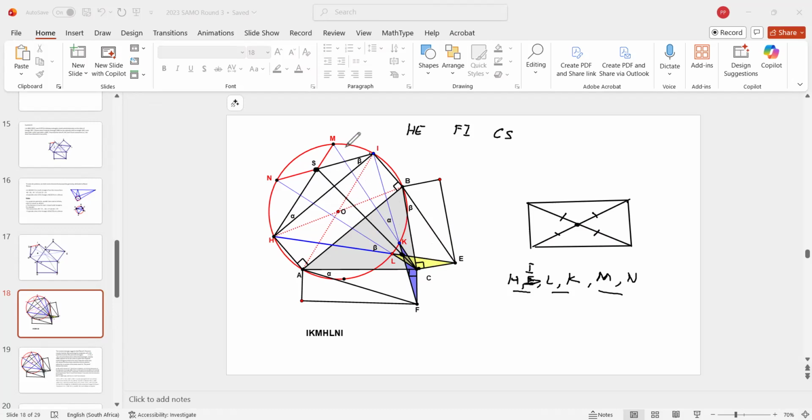C is the intersect of KM and HL, but we don't know that. We don't know that C is the intersection point of HMK and HL. So I need to show that CKM is a straight line.